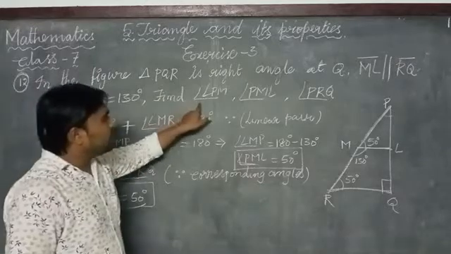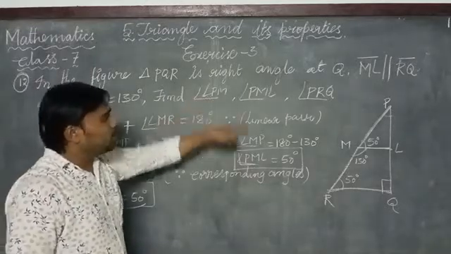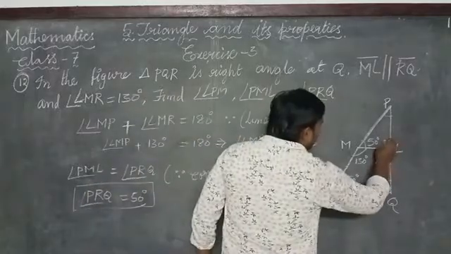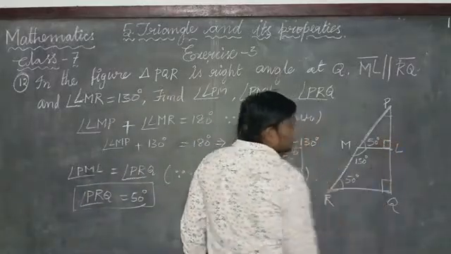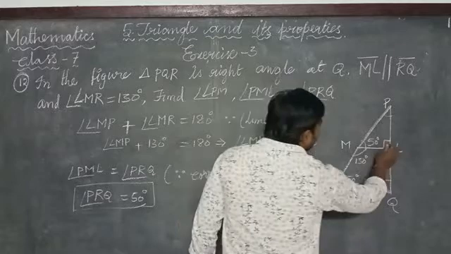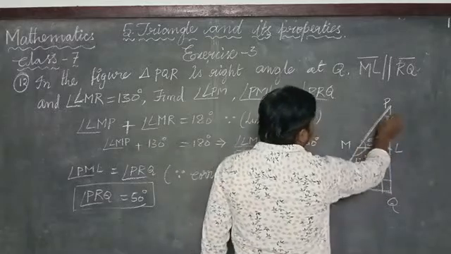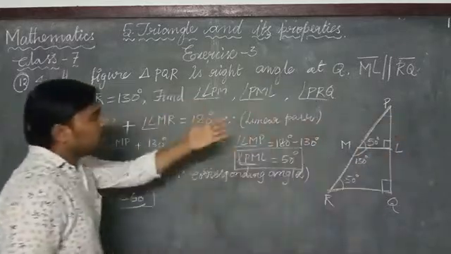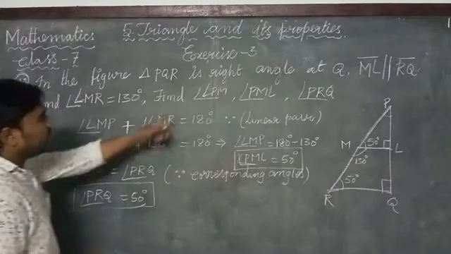Now we have to find angle LPM. Here also the right angle is at L. So this is 90 degrees, this is 50 degrees, and this is the unknown value. So let us find out the angle LPM.